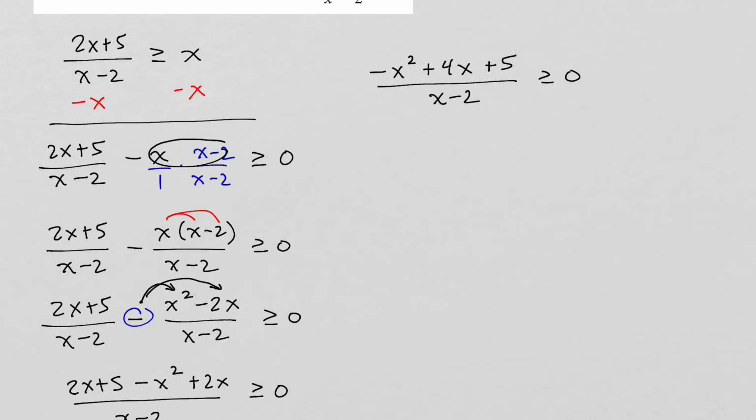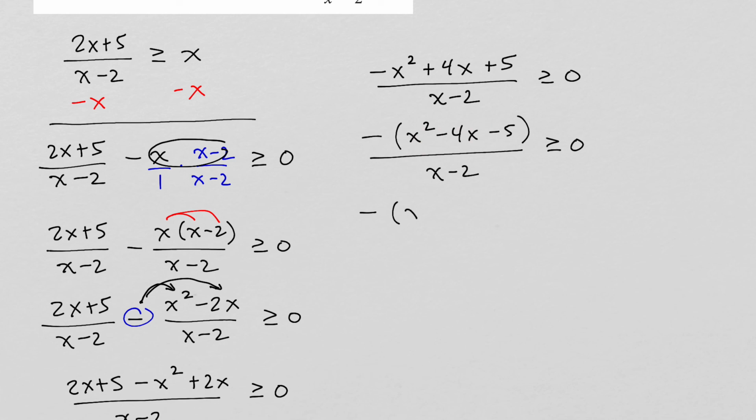So if I factor out the negative up here, I'm going to get negative quantity x squared minus 4x minus 5. And then in the bottom we have x minus 2. And now I can factor this. And that is going to be x minus 5 times x plus 1. The factoring there is relatively straightforward.